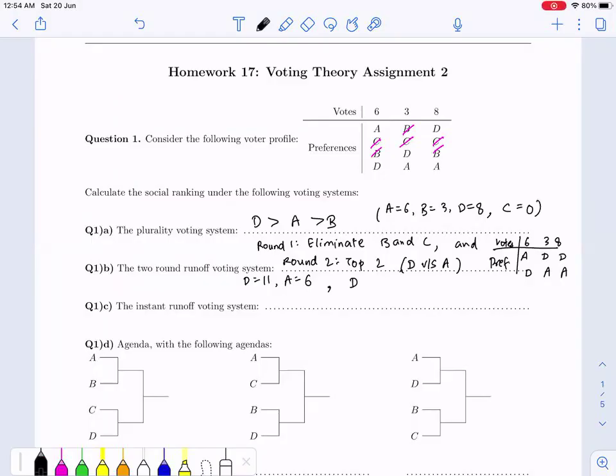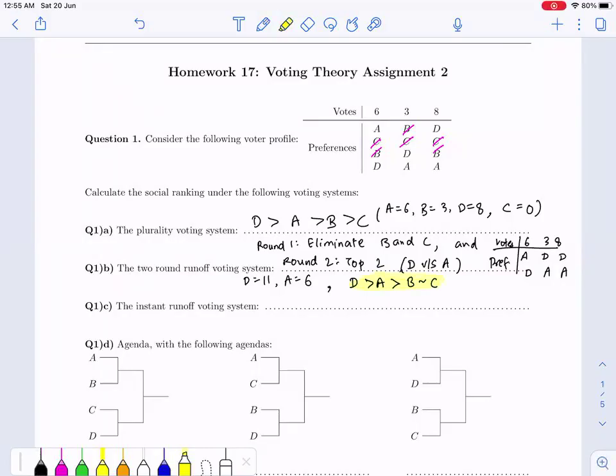Technically, it got 0 top votes in the first part, so it came in last. So D gets 11 top votes, A gets 6 top votes, so D still wins over A, but B and C are tied for the last position.